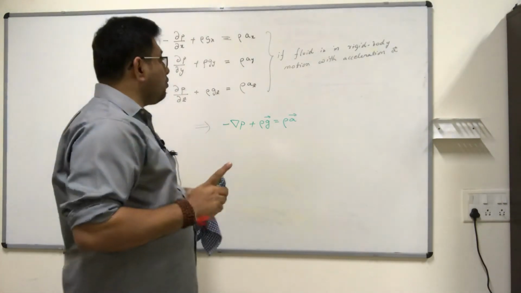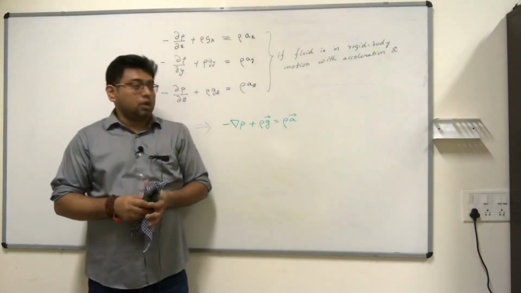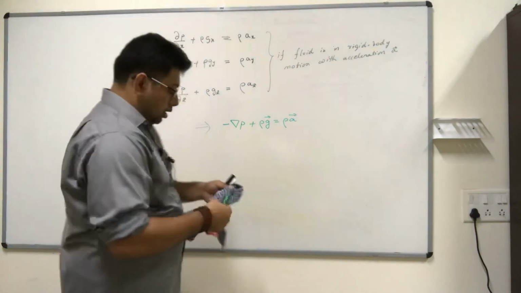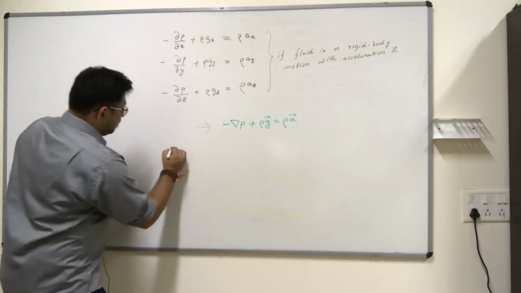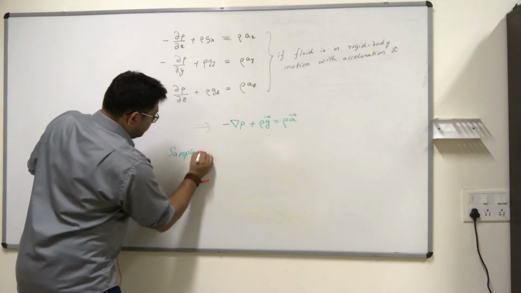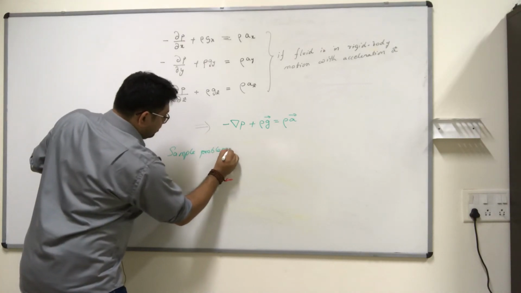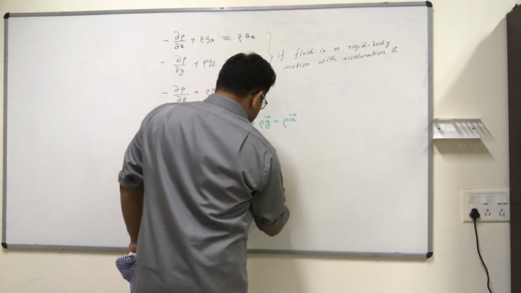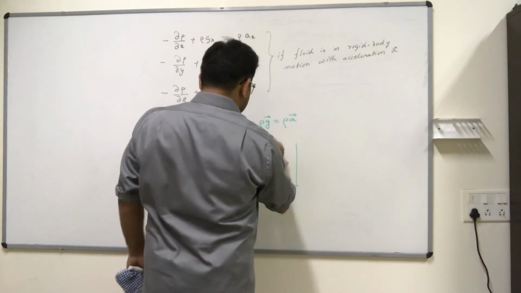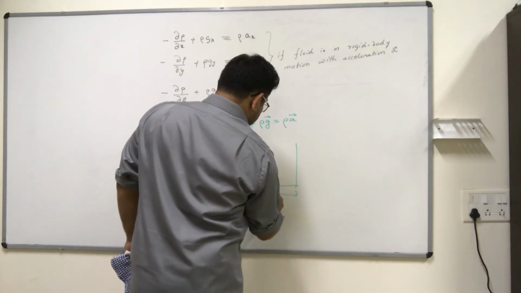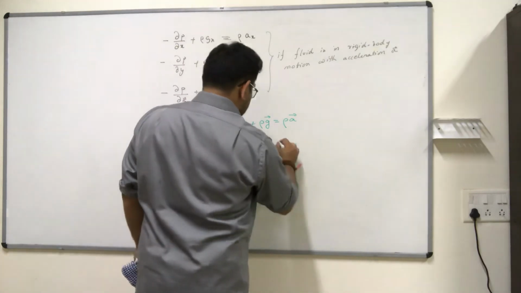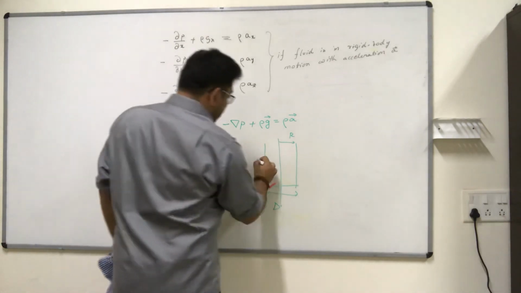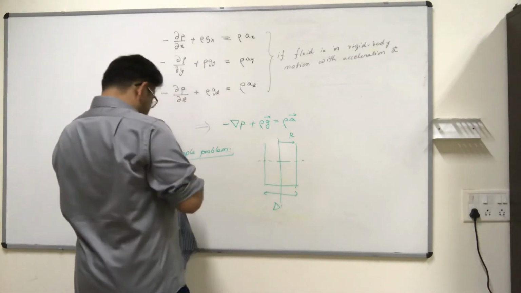And here I want to give you one more sample problem to solve, which will get you to work this out. This sample problem involves a cylinder, and you can take the diameter as D, so the radius is R, and it was filled with fluid in the beginning.